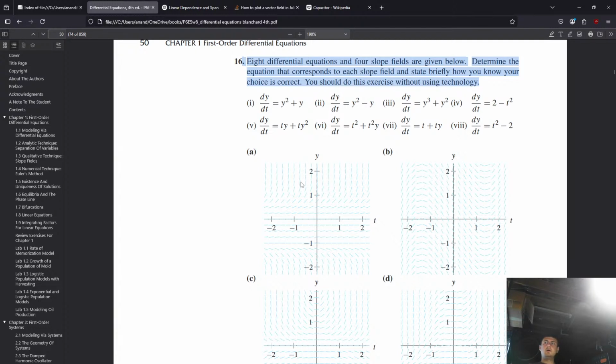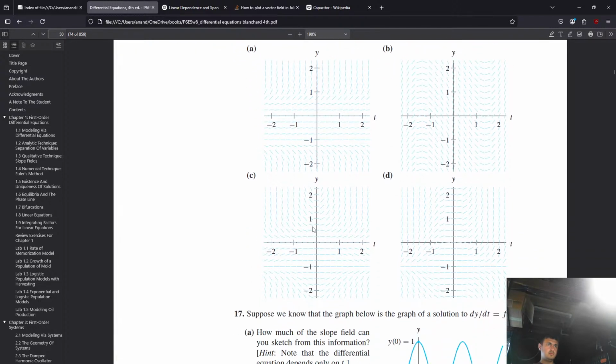Alright, so y times y plus 1. So if y equals negative 1, alright, I don't see anything.